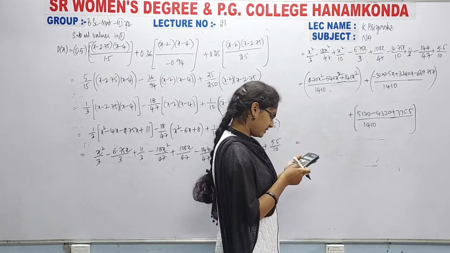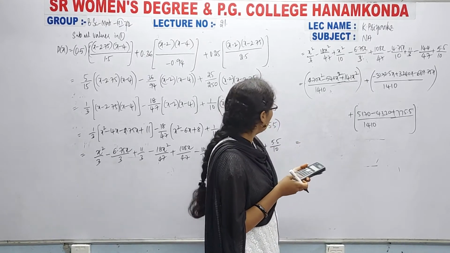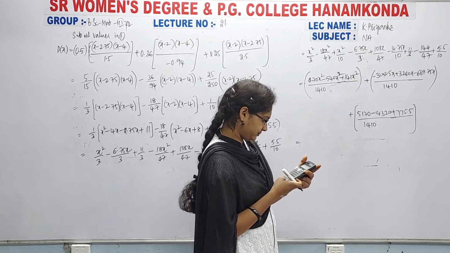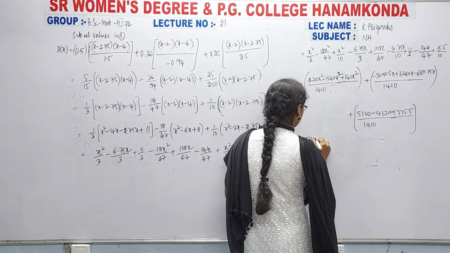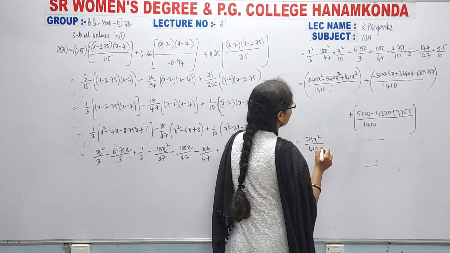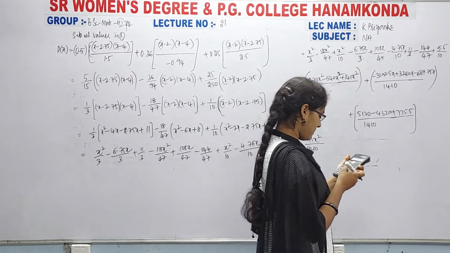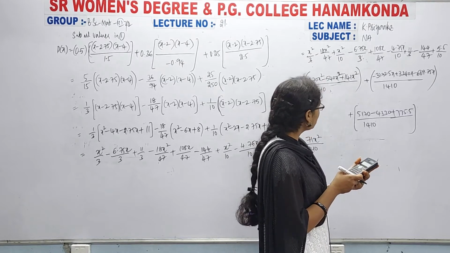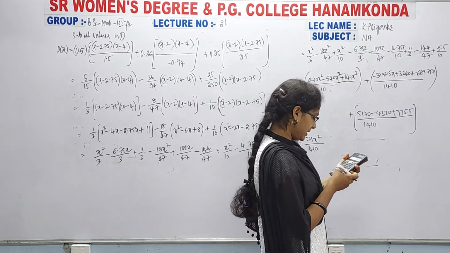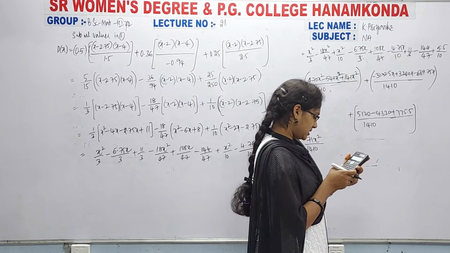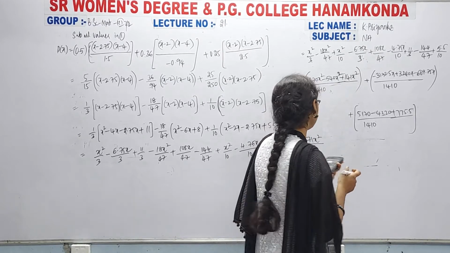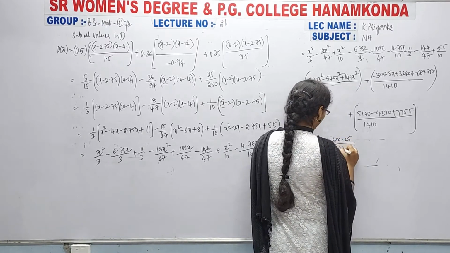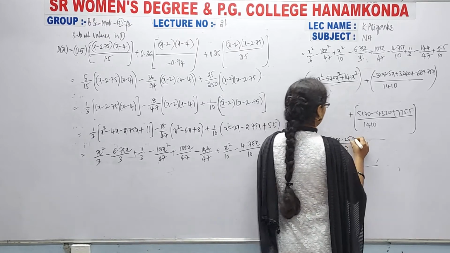Okay, so now 470 minus 540, addition and subtraction first, 71 x square by 1410. Okay, then next here minus 3172.5 plus 3240 minus 669.75, so minus 602.25 by 1410 into x.